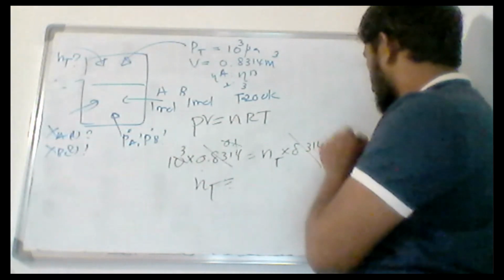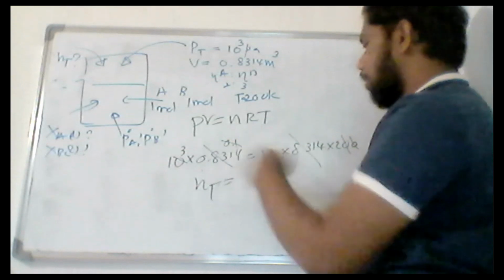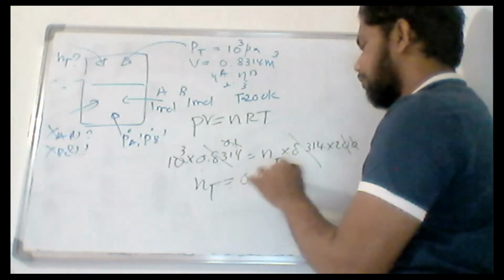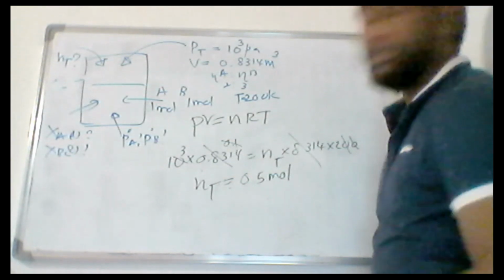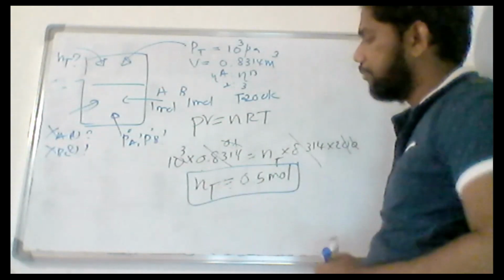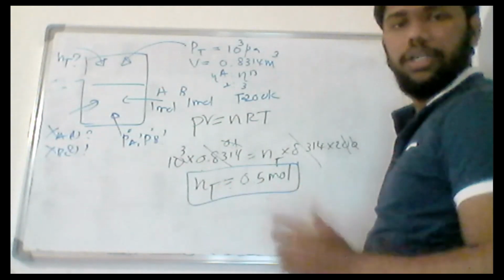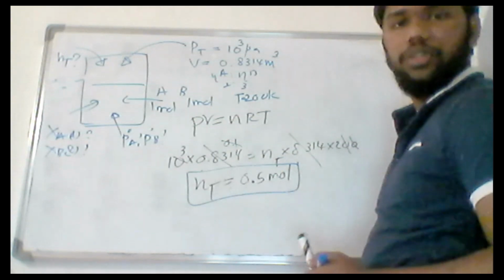So I can cancel 10 to the power 2 with 10 to the power 2. So Nt will be 1 over 2. So Nt will be 0.5 moles. This is the total number of moles.